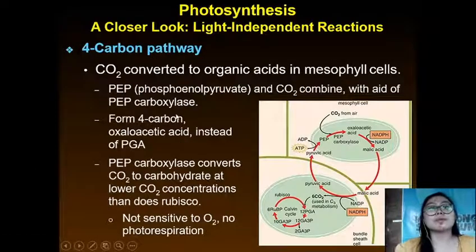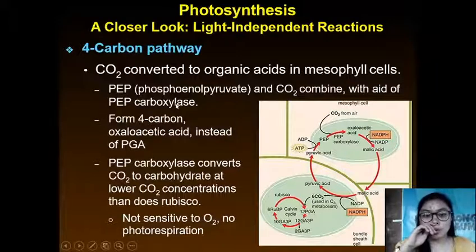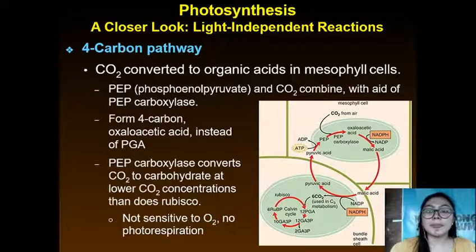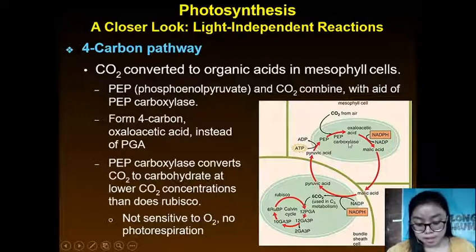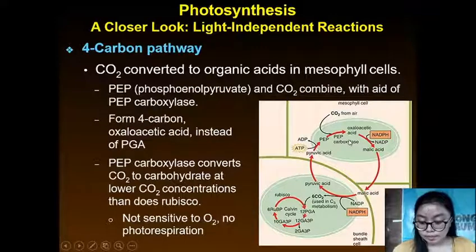So for the C4 pathway, carbon dioxide is converted to organic acids in mesophyll cells. The PEP, which we call phosphoenolpyruvate, and carbon dioxide combine with the aid of PEP carboxylase, forming oxaloacetic acid instead of PGA.